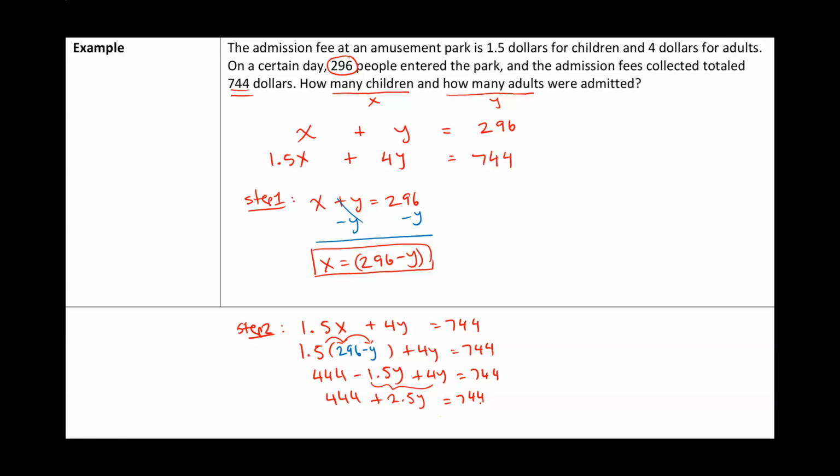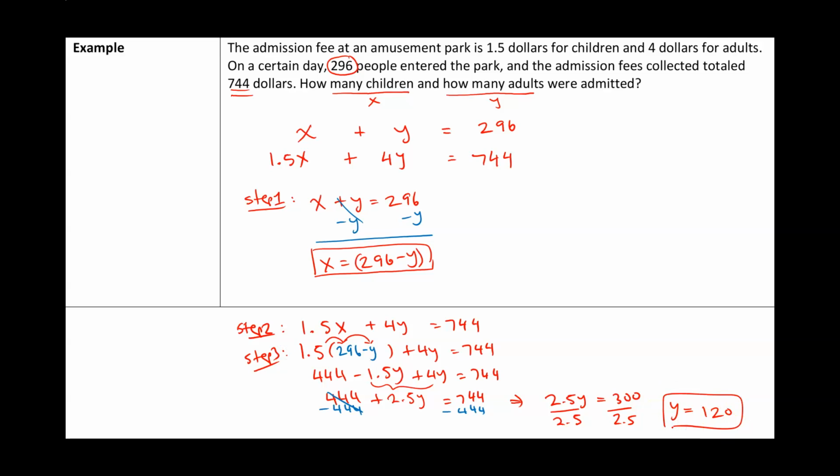Then I subtract 444 from each side because I want to get the 2.5y by itself. So I get 2.5y equals 300. And then lastly, if I divide both sides by 2.5, I get y equals 120. So I guess that's steps 2 and 3 combined together. Step 3 is where I solved it.